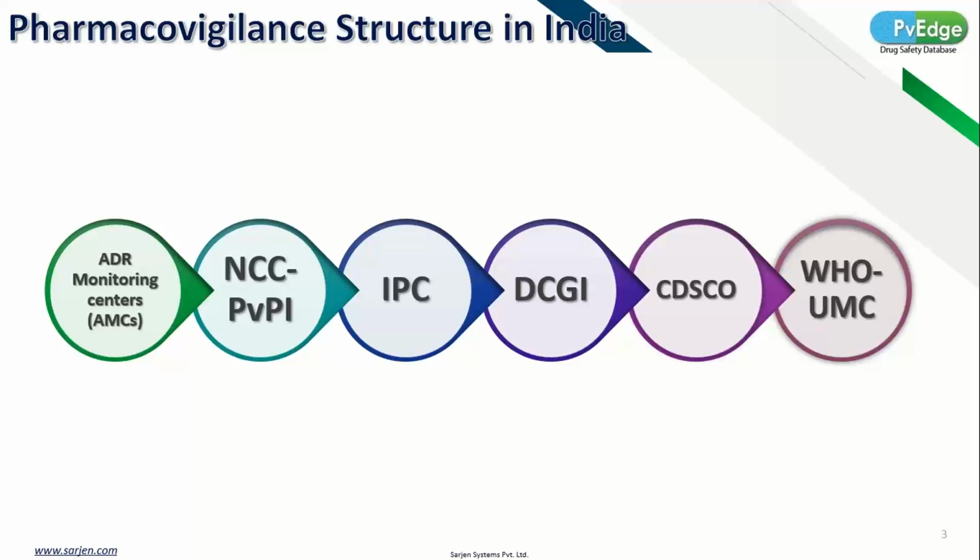So it's not only that we are processing the ICSRs in our respective databases, WHO UMC, the Uppsala Monitoring Center, also does. The Vigibase privilege access is with the CDSCO, DCGI and PvPI team members. They directly enter the data into the database, they upload those corresponding R2 XMLs and they process the data. So it's not about just submitting the data. A lot more happens on that data, which is actually handled by WHO UMC.